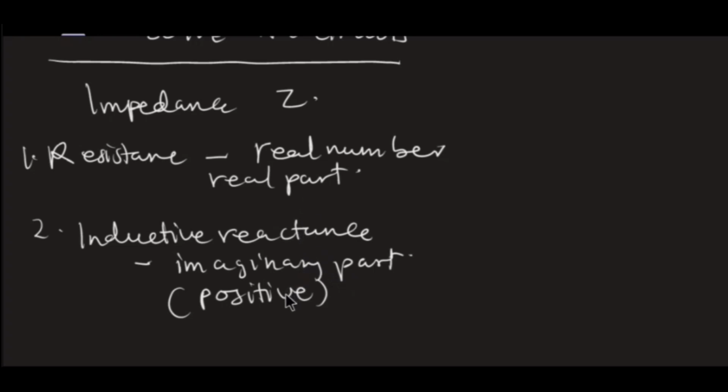This is because the voltage VL always leads the current I by 90 degrees. So since it is leading, we use positive to represent the imaginary part of the complex number as the inductive reactance.